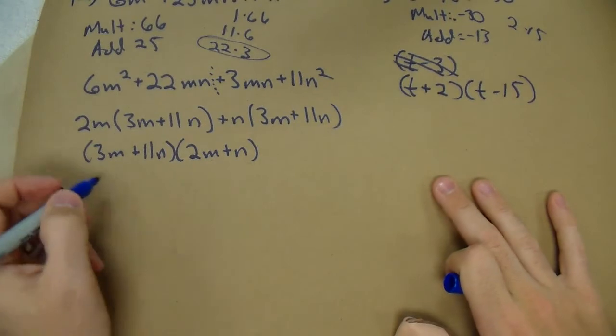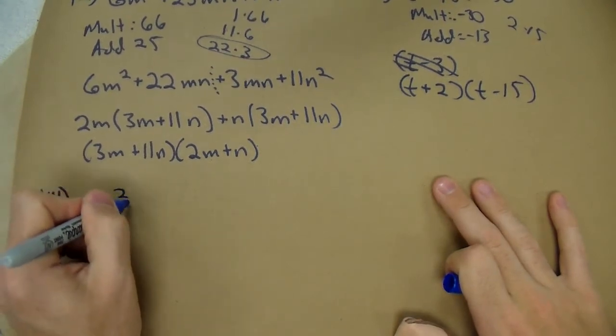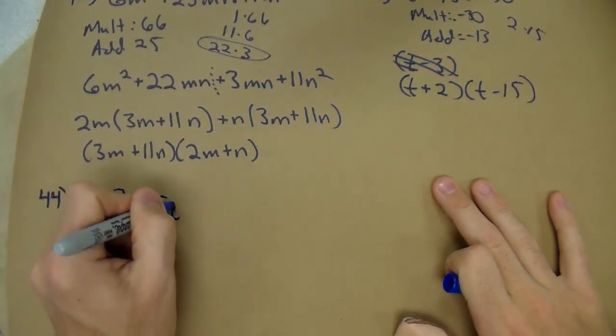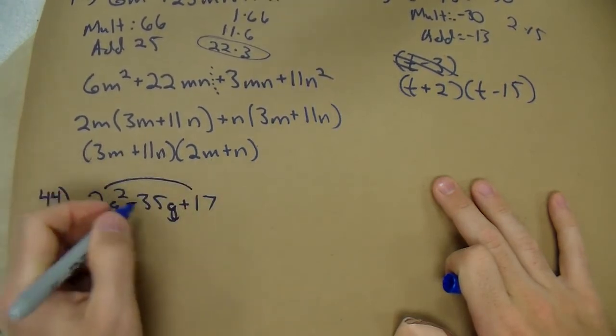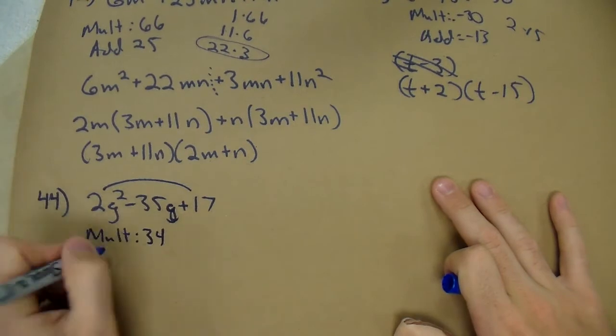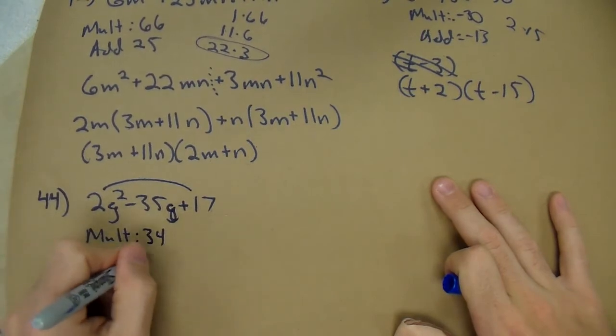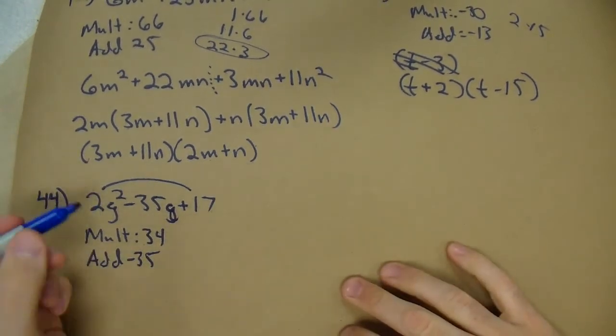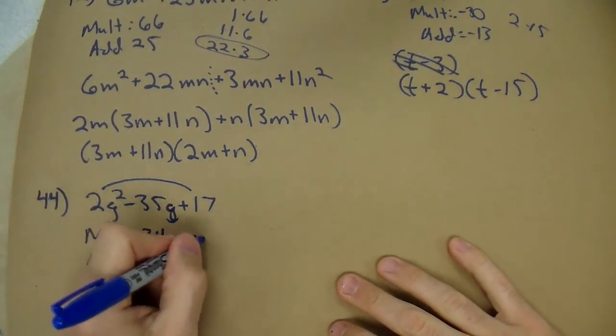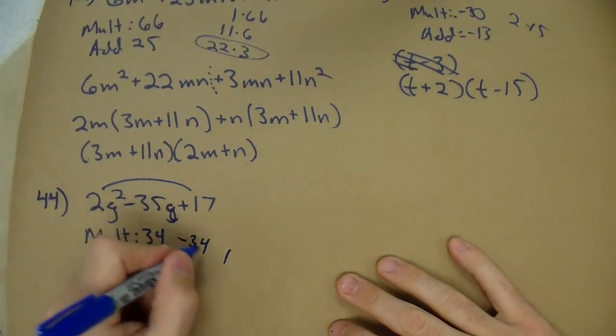44, we go 2g squared minus 35g plus 17. I want to multiply to 2 times 17, which is 34. I want to add to negative 35. Anytime I look at it and the sum is 1 bigger than what I'm multiplying, it's usually that number times 1, but they're both negative.